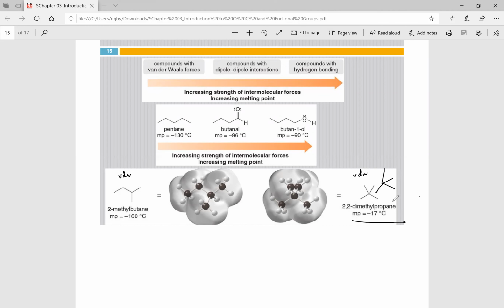So 2,2-dimethylpropane, because it's more orderly, can fit in with each other more closely, and it's going to have the higher melting point than something that takes up a little bit more space, such as 2-methylbutane. So you can see here that it's almost the opposite of boiling point, where more surface area gives a higher boiling point. So it's sort of the same thing, but opposite.